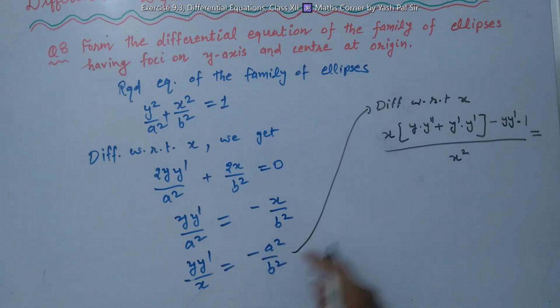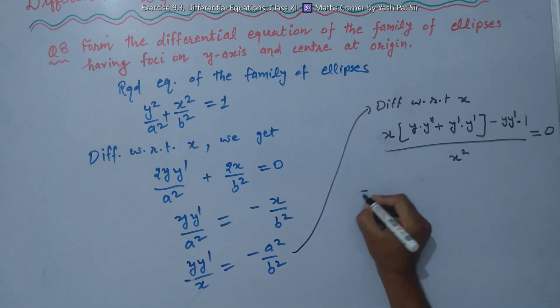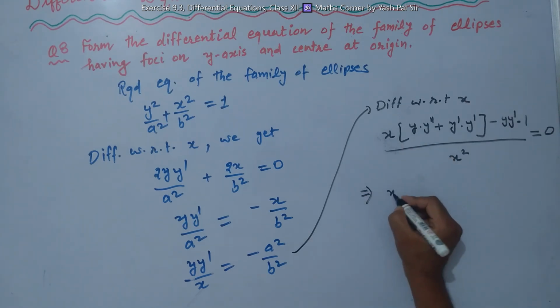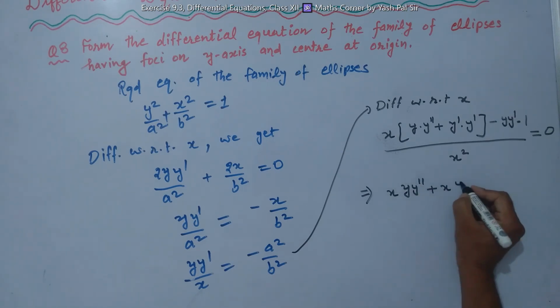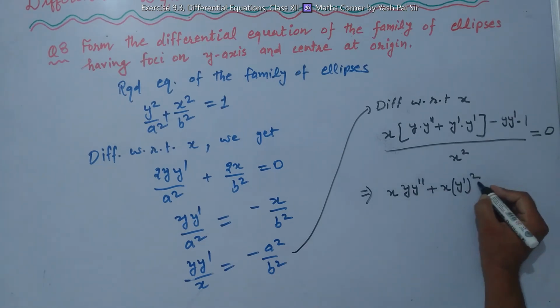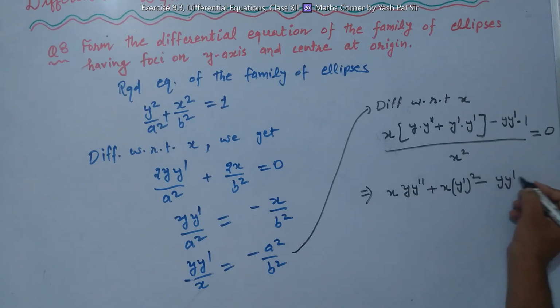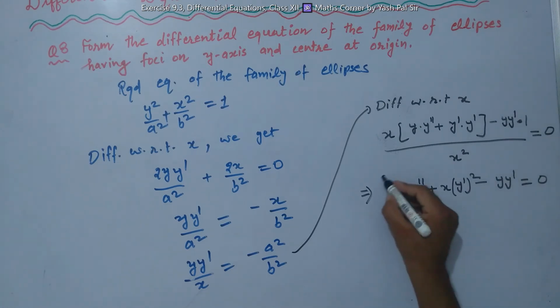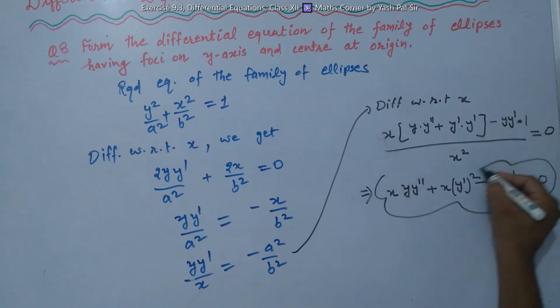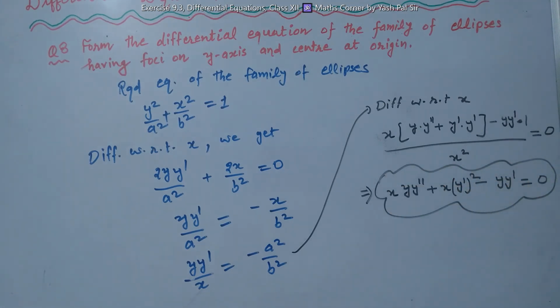The right hand side is purely constant, its derivative is 0. Right? So this way we have x into y double dash plus x into y dash whole square minus y dash is equal to 0. This is the required differential equation.